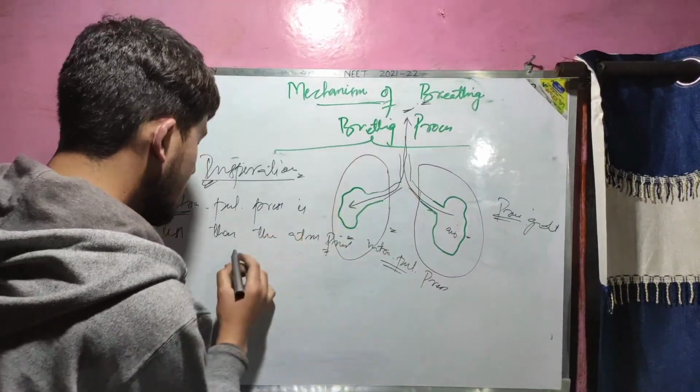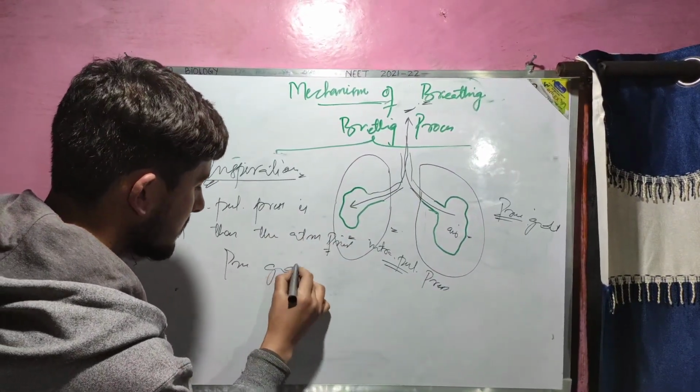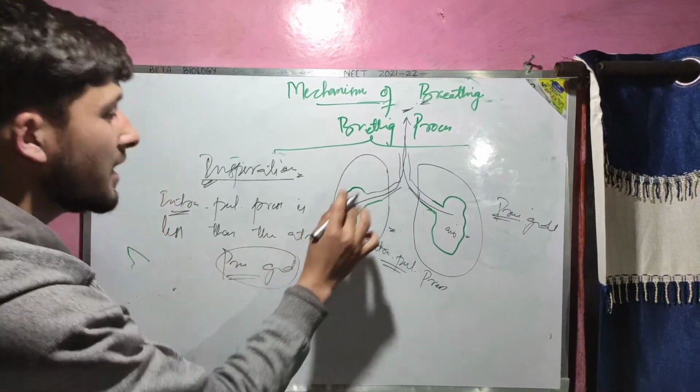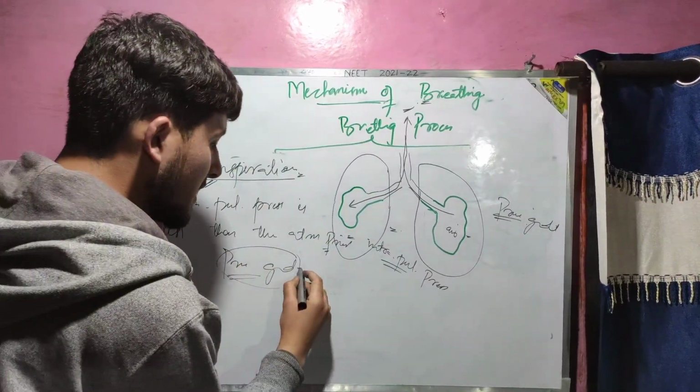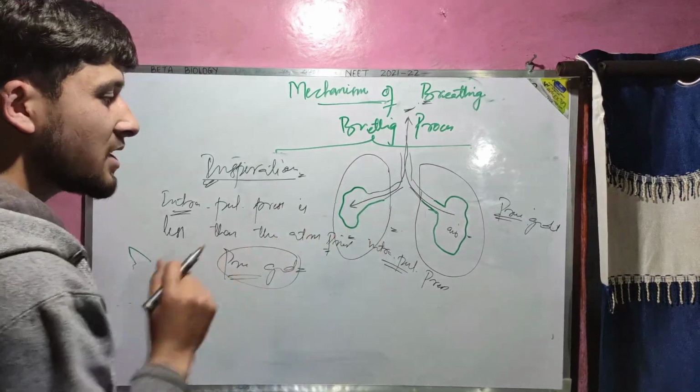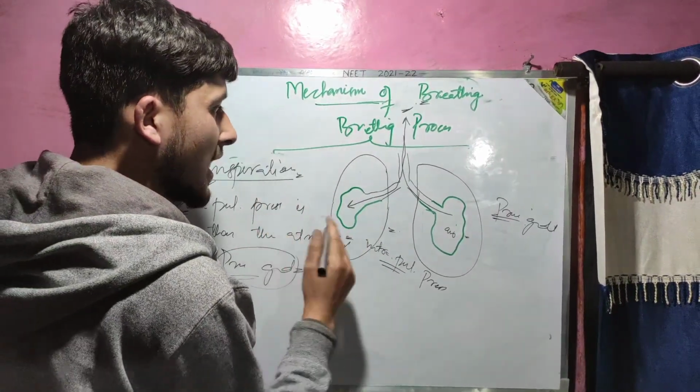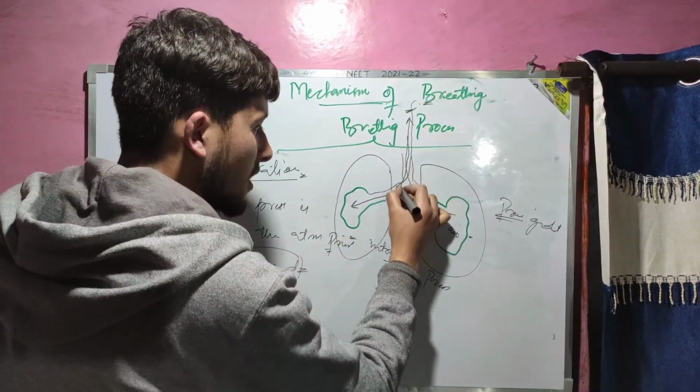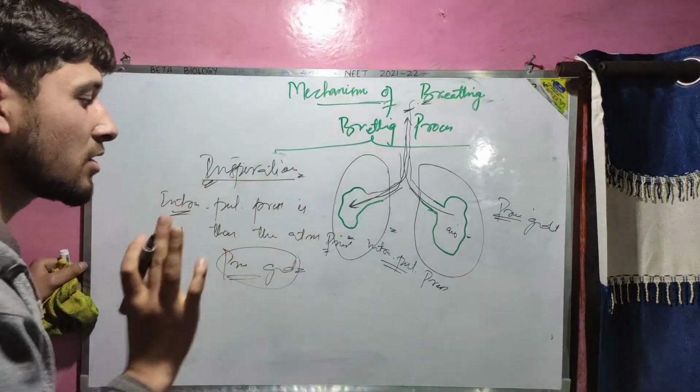As a result, there is a pressure gradient between the lungs and the atmosphere. Since the pressure here is low, this pressure gradient allows the air to go from the atmosphere into the lungs, and hence inspiration occurs.